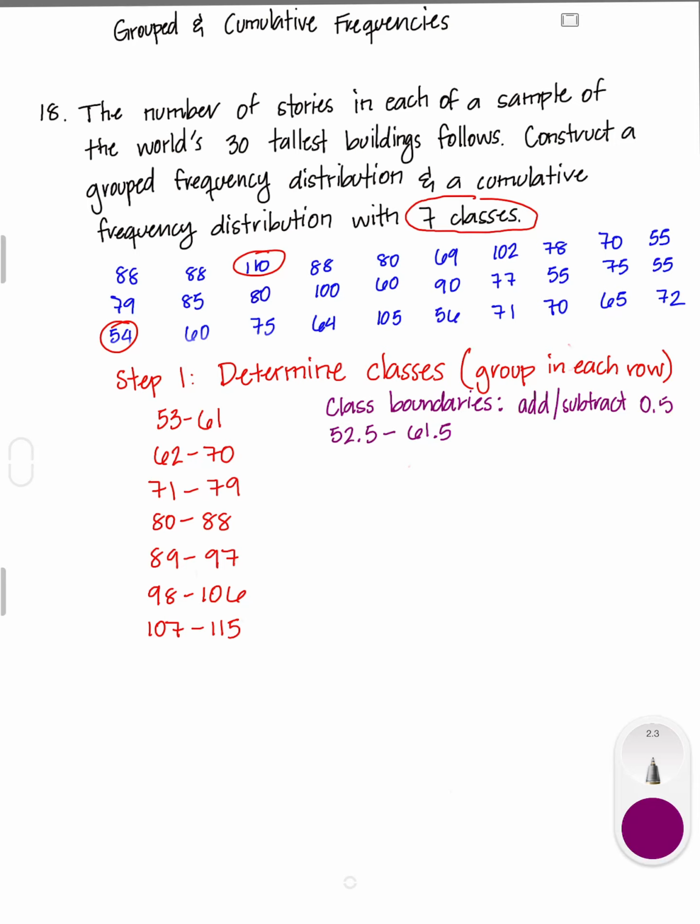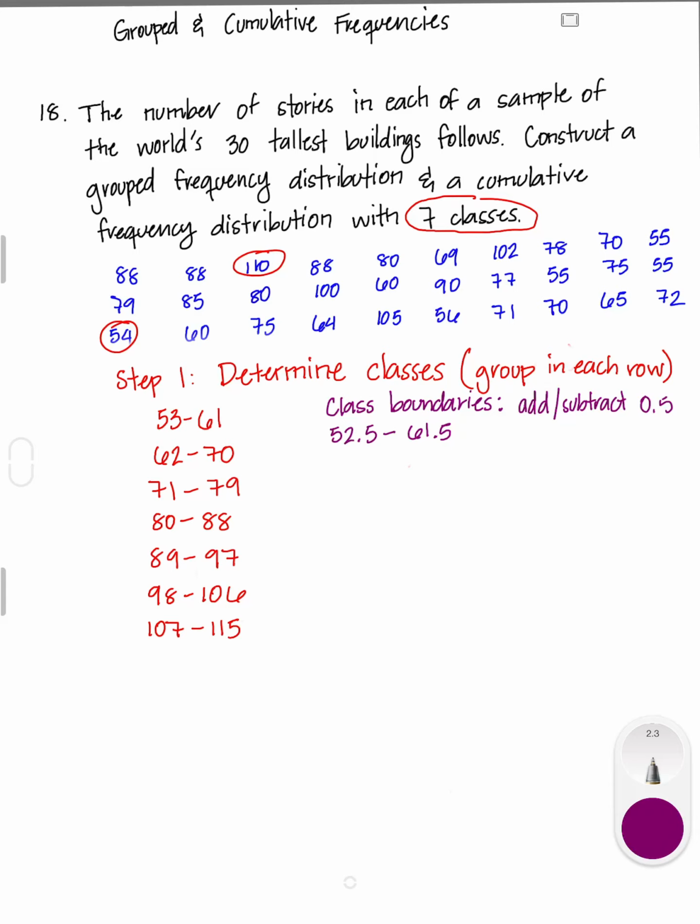Now let's say that your class limits actually involve a decimal value, like 3.4, 2.6 or 7.6. Then instead of adding 0.5, you will be adding 0.05, so two decimal places. That's how this is different from when we have whole values.